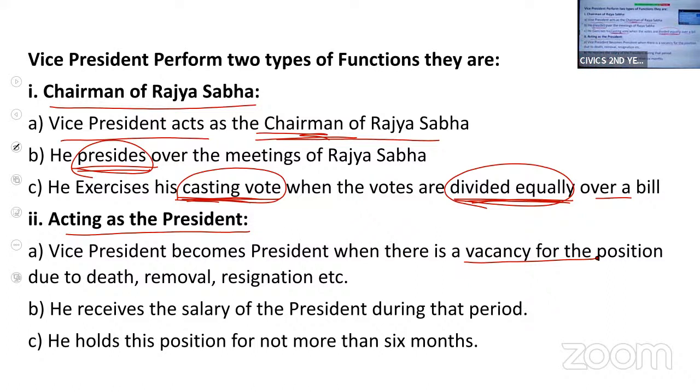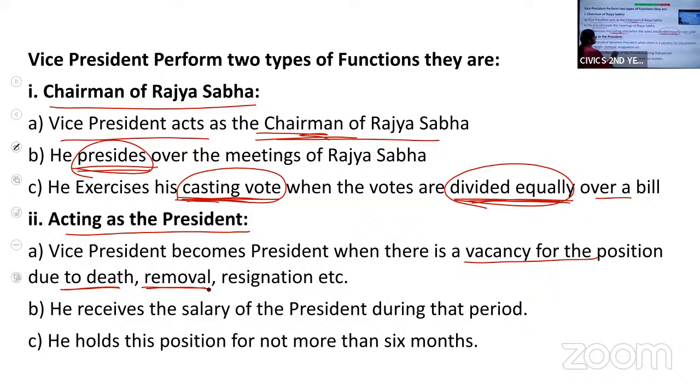There are 3 conditions. One is death. If the president dies, then the vice president will act as the president. Or if the president is removed by the parliament, if he is impeached, then the vice president will act as the president.